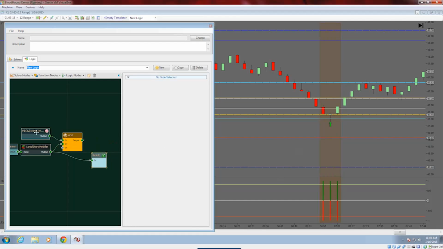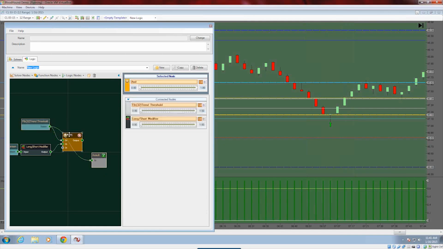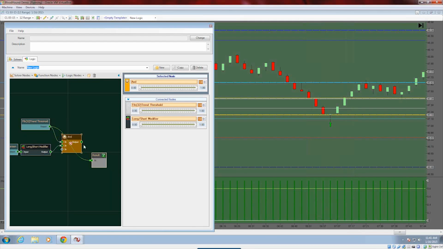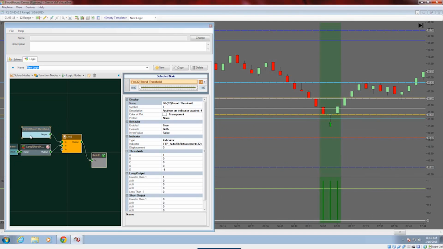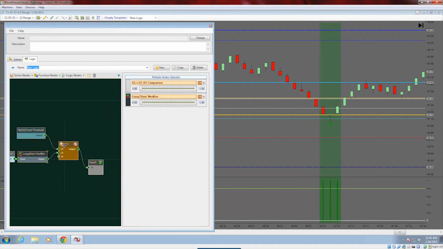But when I connect this solver on top, which is the fib trend, and I'm getting only longs out of it, I'm going to be left with only those bars on which I'm getting signal out of this, but now only the long output because there's no short output out of this one. You see? So that means both of these conditions must be true at the same time, this one and this one, when we use the AND logic.